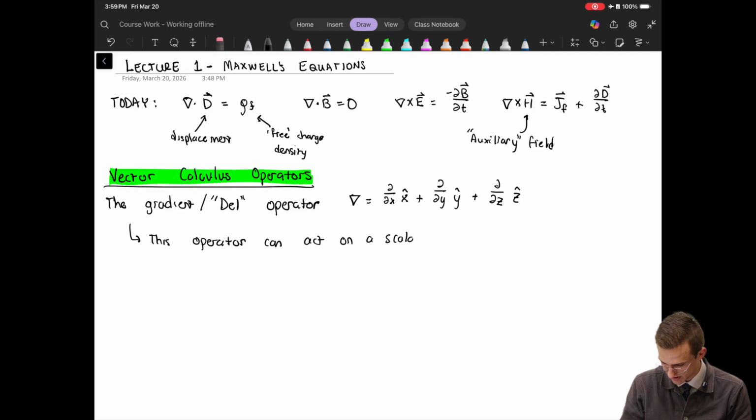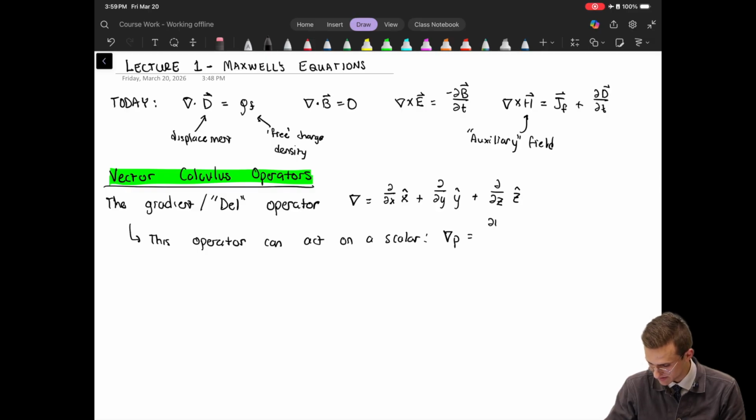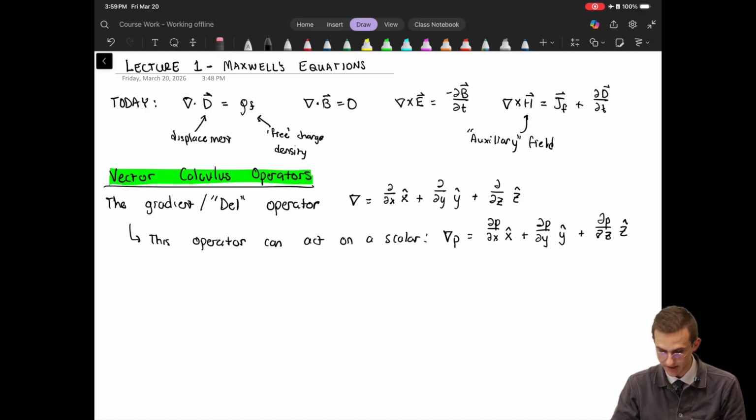and this is probably the context in which you're most familiar with seeing it, like the gradient of the pressure, for example, would look like dp dx in the x direction plus dp dy in the y direction plus dp dz in the z hat direction. Okay.